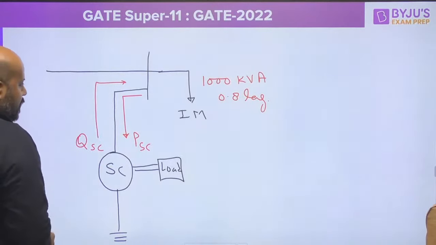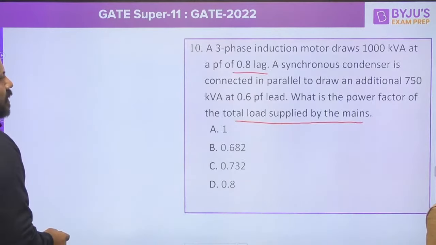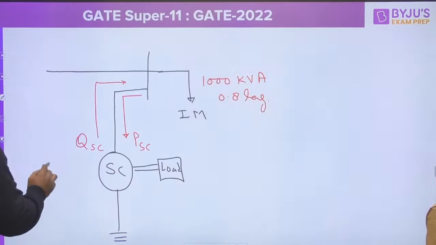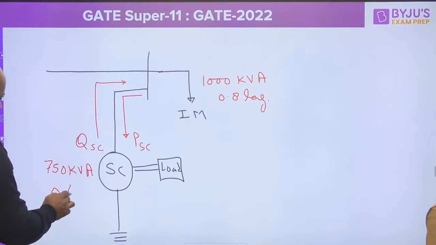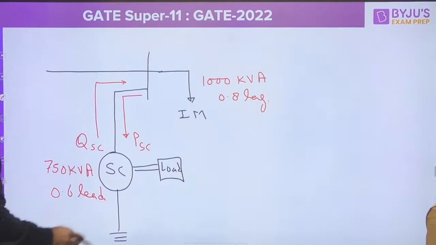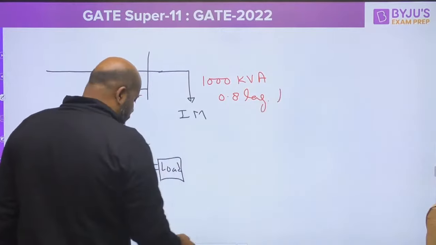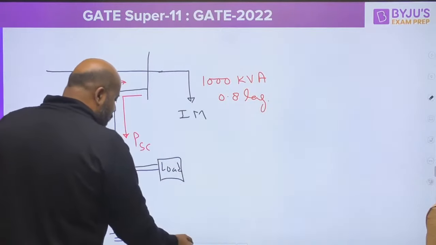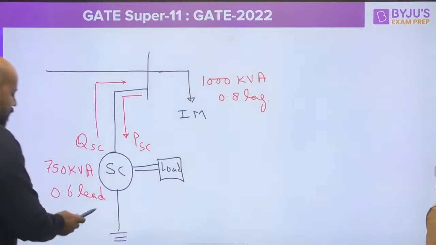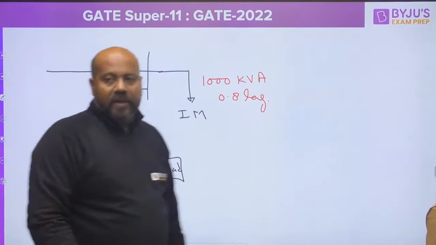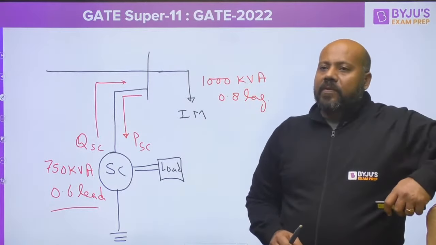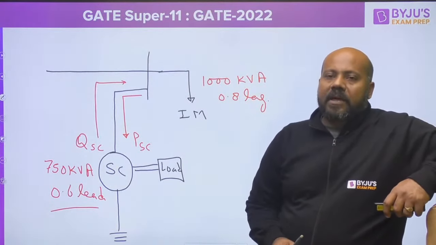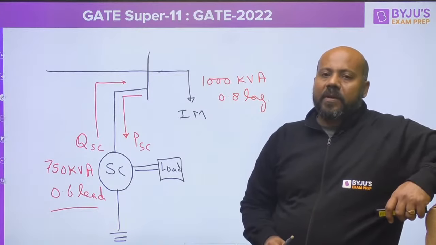The synchronous condenser, he is saying, is taking 750 kVA and the operating power factor is 0.6 lead. Okay. Obviously, it should be leading. This should be leading because it has to be overexcited. Yes or no? It has to be. Yes, Saurabh, it is 24% approximately, but as per the given options, we have to go with 25%.